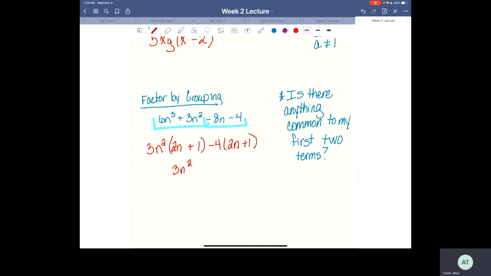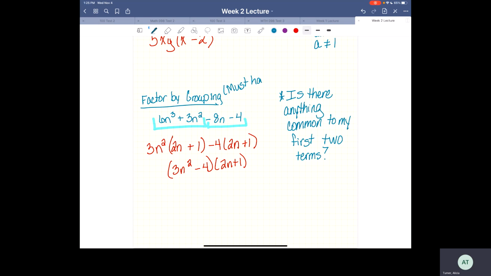And then you've got 3n squared minus 4 and 2n plus 1. So that is factoring by grouping. Students tend to do okay with factoring by grouping. I do want to say the only time that you can factor by grouping, you must have 4 terms.